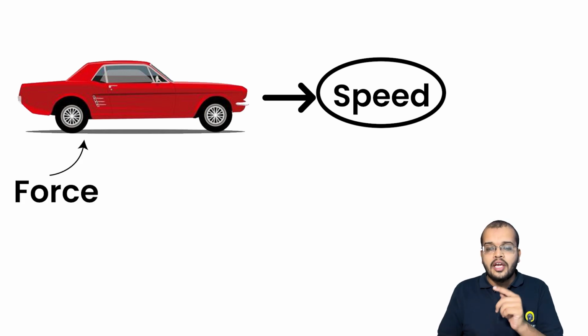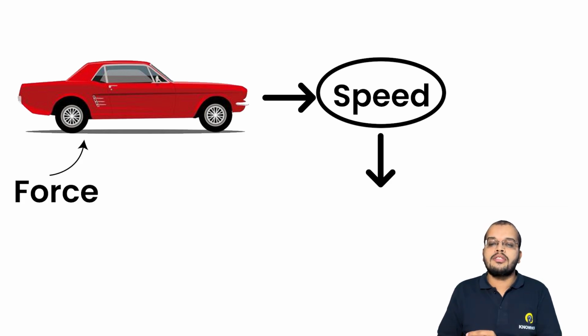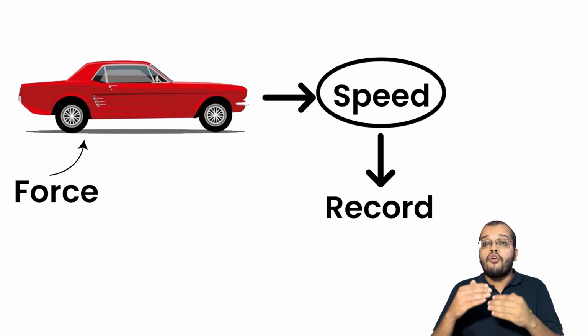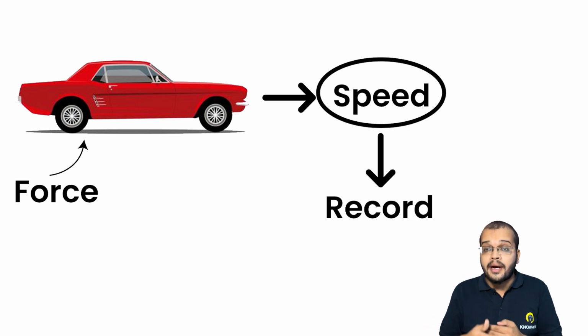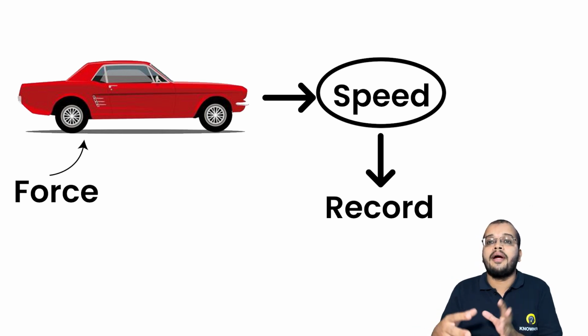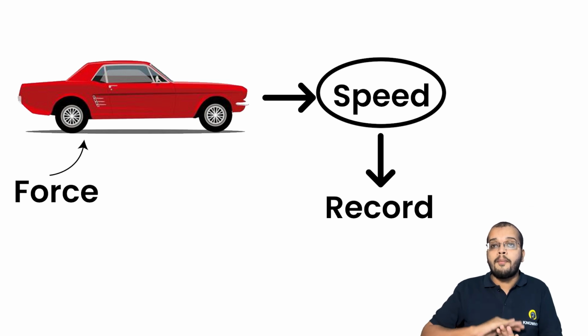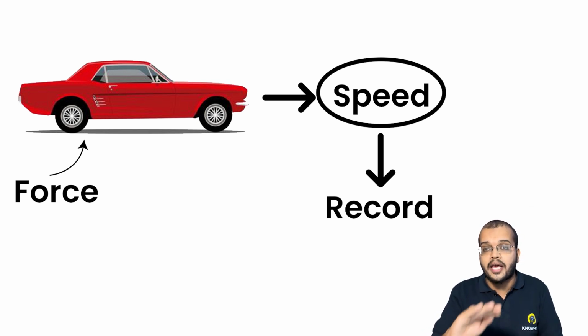If we try to record the speed and the force of the car, force might vary, speed might vary. Speed from 10 kilometers per hour to 20, 20 to 60, 60 to 100 kilometers per hour. How is this speed varying? With the amount of force that we apply. The more force we apply, the more speed the car moves.